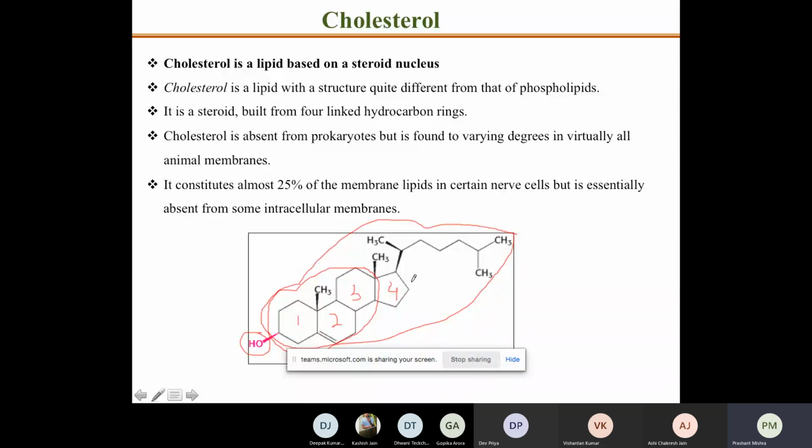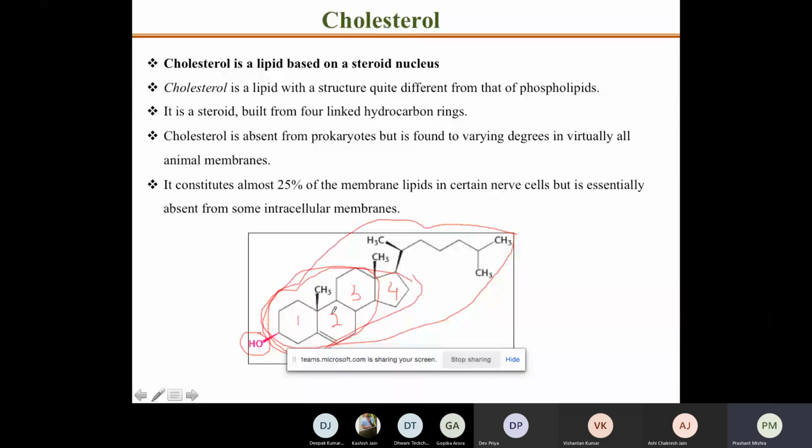So if I just give the architecture of this, I can say that the basic ring structure of cholesterol is phenanthrene here, and there is a cyclopentane. So there is a pentane which has been cyclized. So you have the perhydrocyclopentanophenanthrene ring.